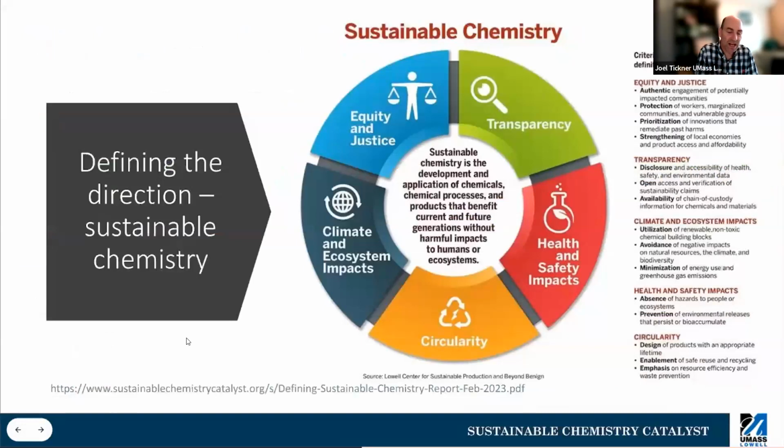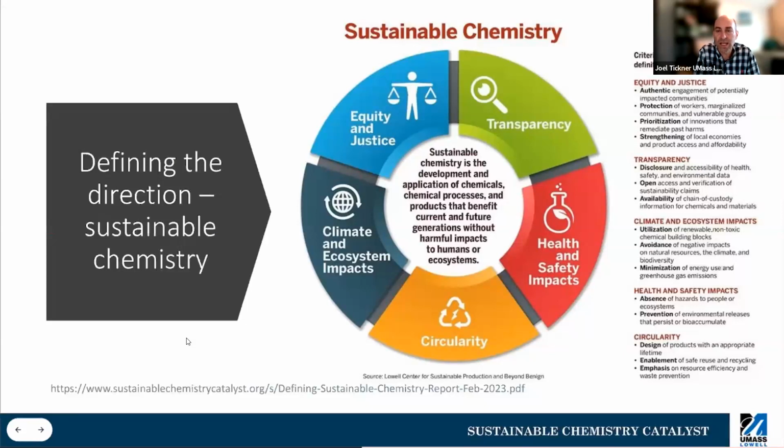So we've defined, in some of our work, we brought together a multi-stakeholder group globally, including one scientist from Africa, to start saying, well, what's the direction? How do we define where we want to go with chemical substitution? And we're calling that sustainable chemistry, right? So it's the development and application of chemicals, chemical processes, products, and activities. We didn't add activities in there that benefit current and future generations without harmful effects to humans or ecosystems.